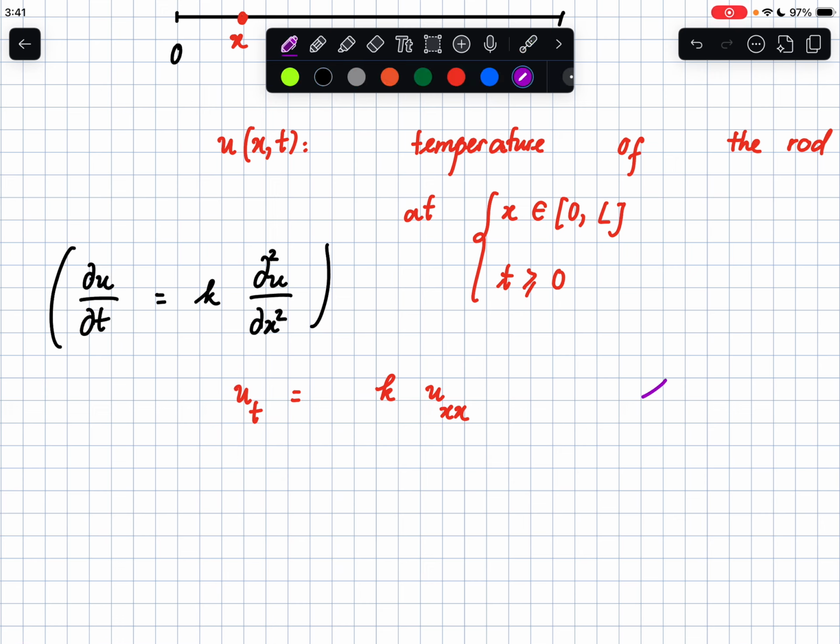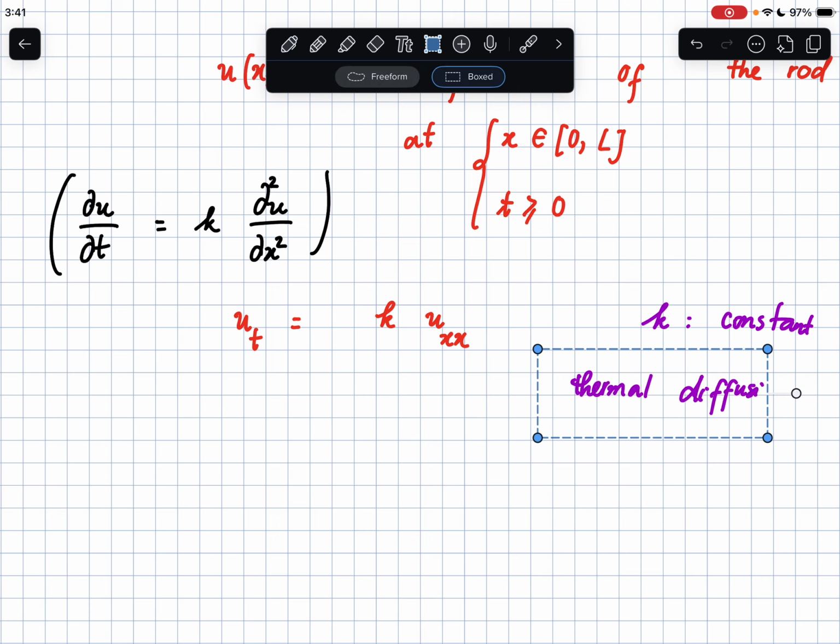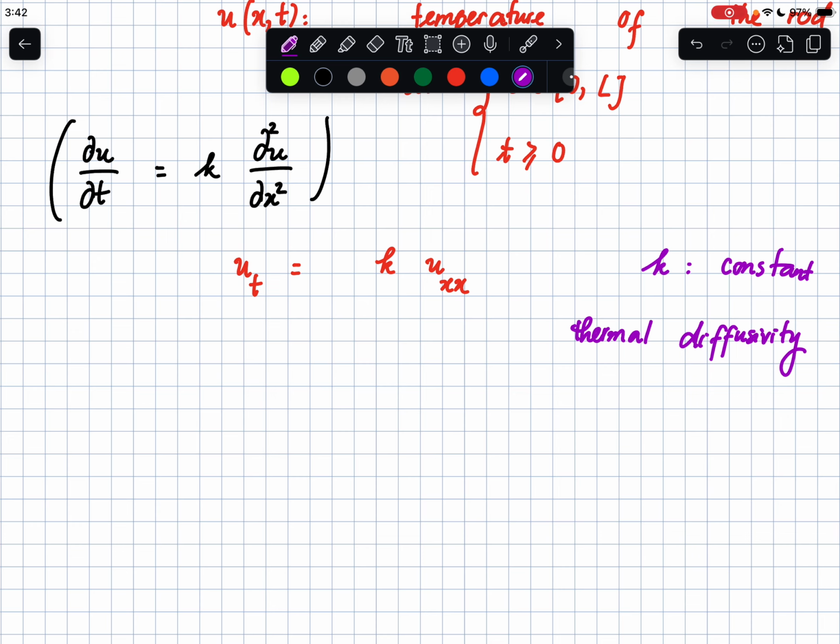K here is a constant, and it is the thermal diffusivity. It depends on the material of the rod, with unit centimeter squared per second.